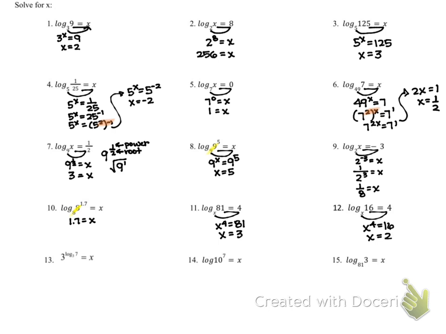Okay, so if we take a look at question number 13, this can be done a couple of different ways. This is technically an exponential right now, so I'm going to rewrite it as a logarithm. So if 3 is the base of the exponential, then that's going to be the base of the logarithm. Remember, we had to jump across the equal sign to get the exponent.